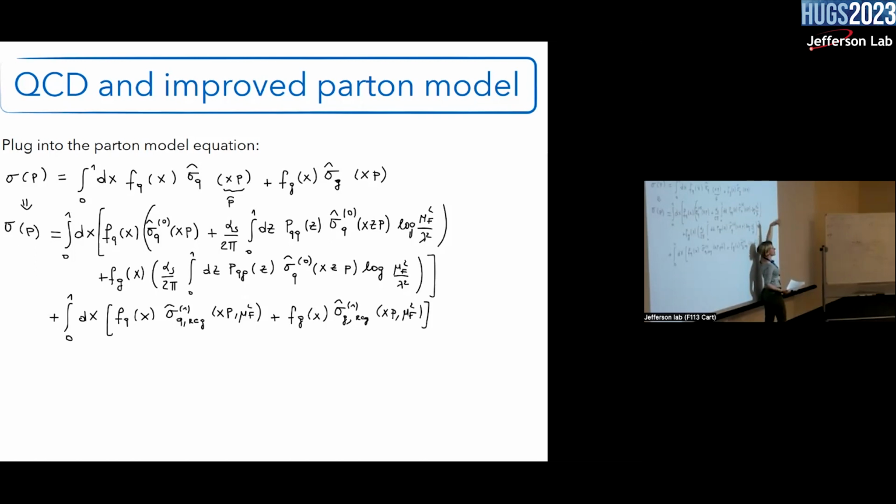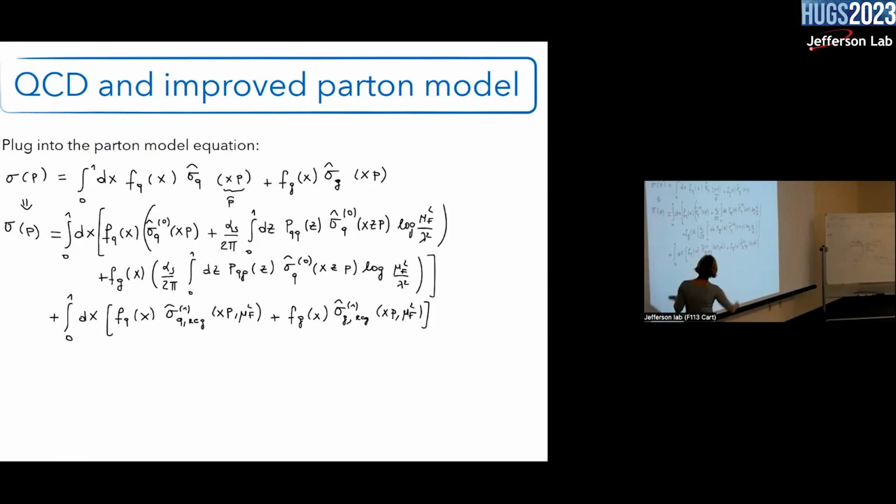So you redefine the Parton distribution function from the bare function to something that now depends on this unphysical scale mu f, which I just put in to split the integral in two.